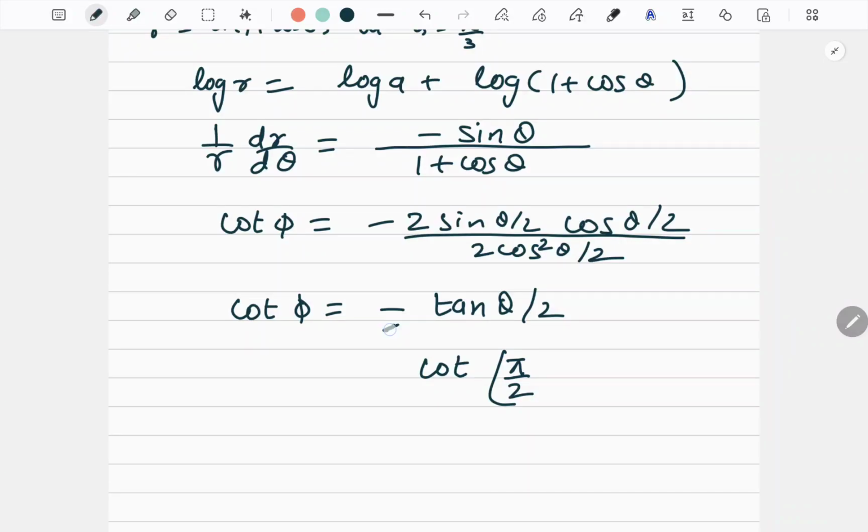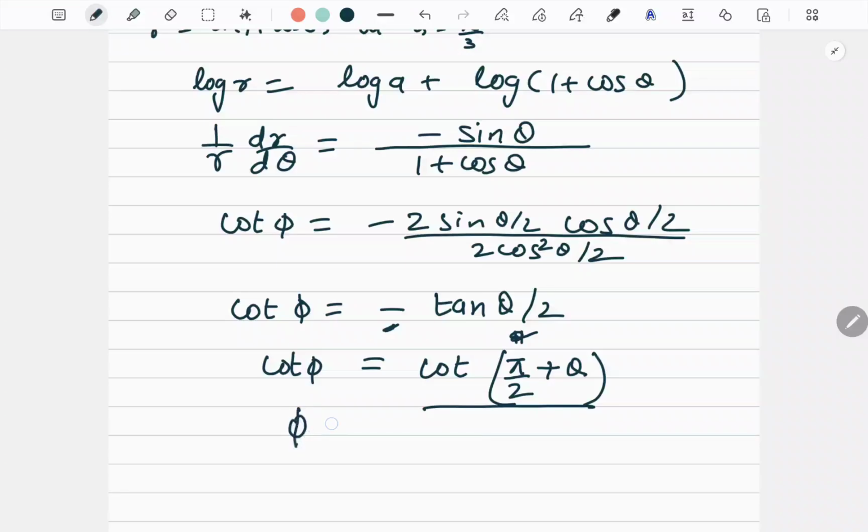But I need to absorb this negative sign, so I'll prefer to do this. So what will happen if you solve this? Cot of pi by 2 plus theta means tan theta. But since I am going to the second quadrant, which is the house of sine, one minus sign will come. That's why this minus will get absorbed. So these two terms become equal, right? So that is what I have done.